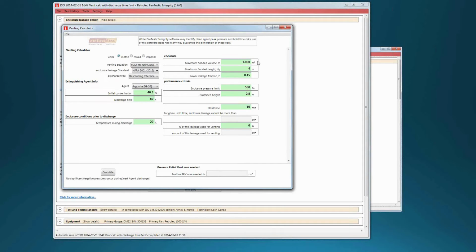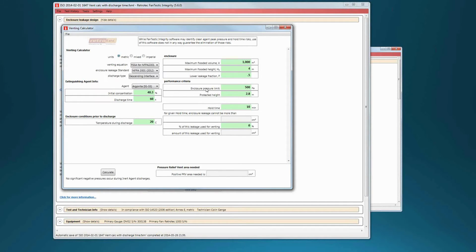So we're using a 1,000 cubic meter volume with a maximum flooded height of 4 meters, and the leak fraction defaults to 0.5. That's the ratio of the upper to the lower leaks, and 500 pascals is a pretty typical enclosure pressure limit with a minimum protected height of 2.8 meters, which is about 70% of the enclosure height.